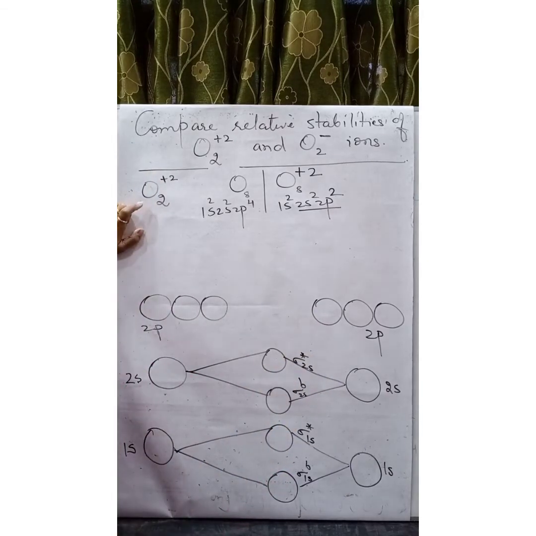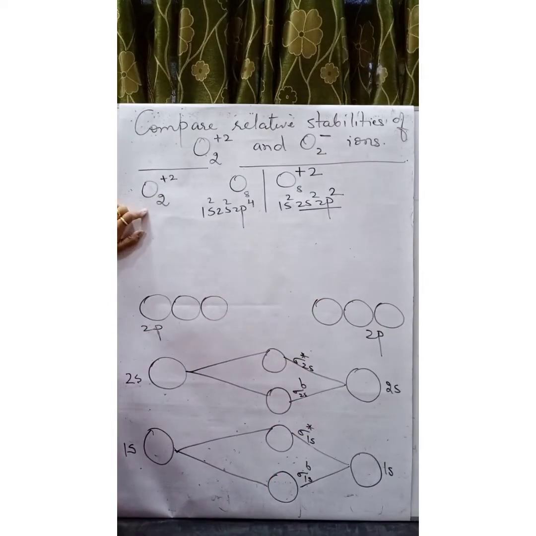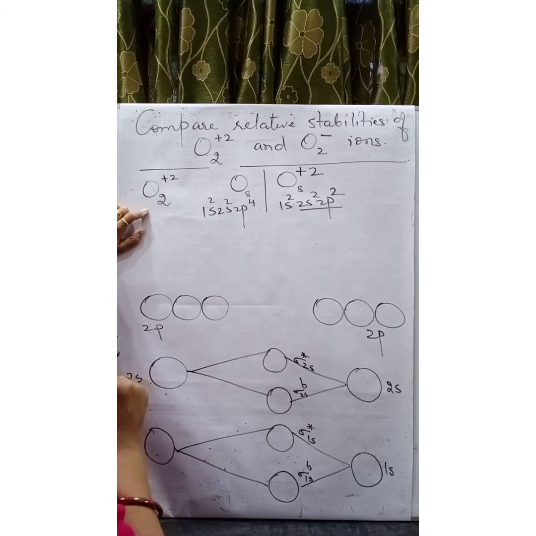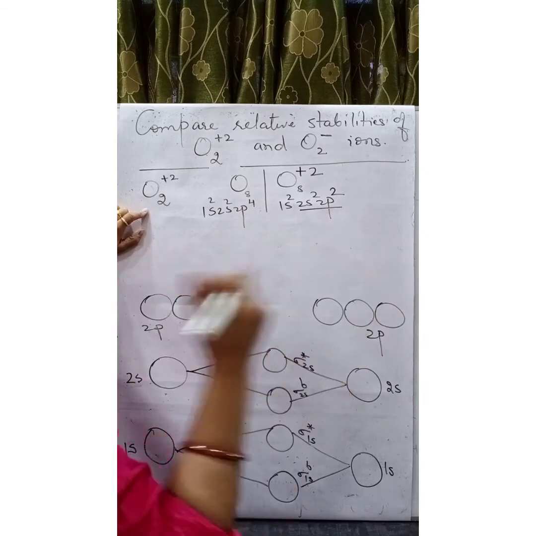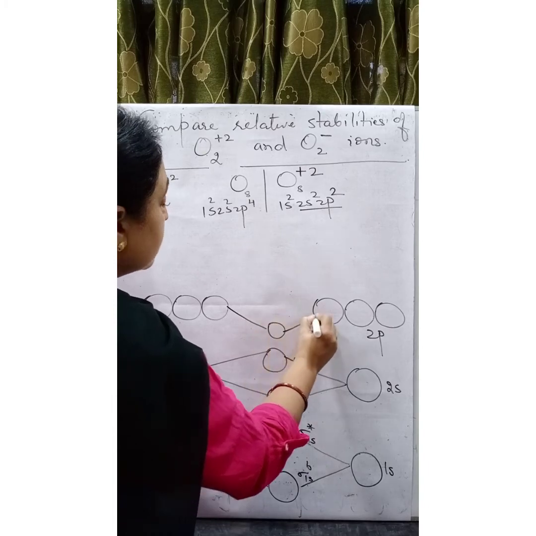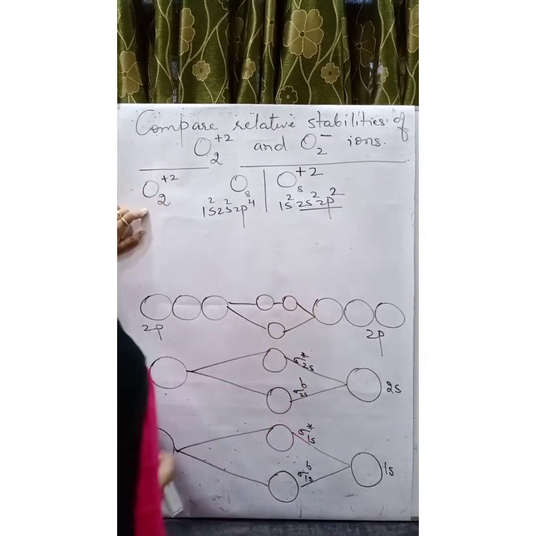Now check, this is oxygen. For oxygen, we have a different type of electronic configuration. 3 and 3 are going to combine, so a total of 6 molecular orbitals will be formed. One half will be bonding and one half will be anti-bonding. So for oxygen and fluorine, it is 1:2, 2:1. 2 means both are degenerate.